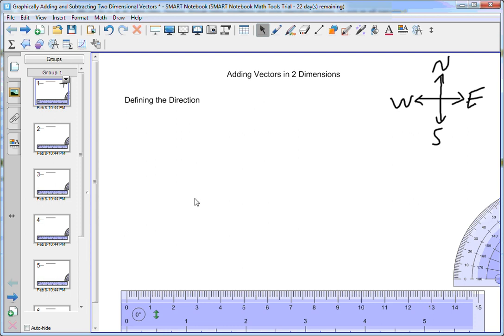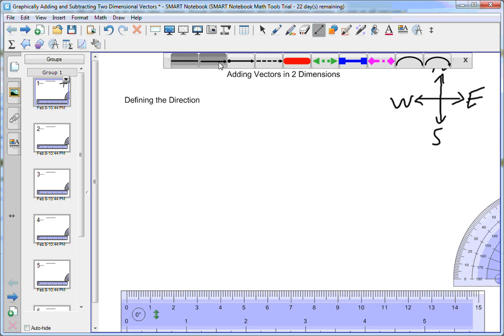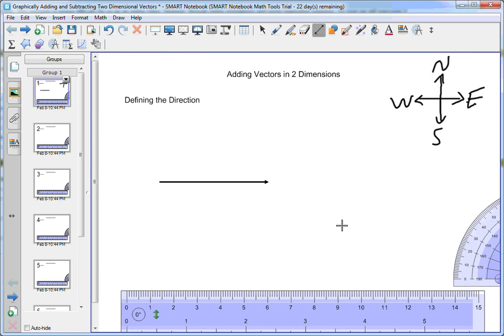Then, when we draw a straight line like that, well, that is in the east direction. However, if that line is not straight across, how do we define it?